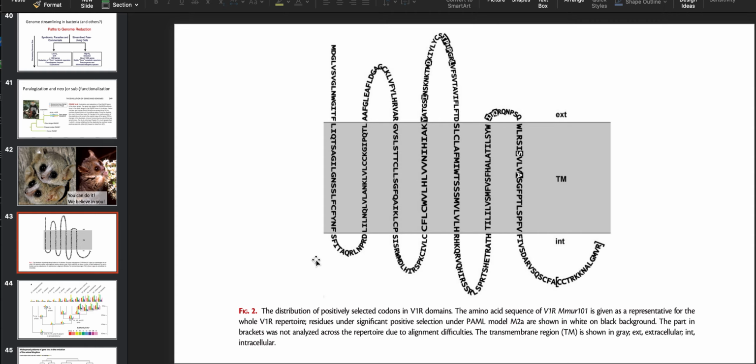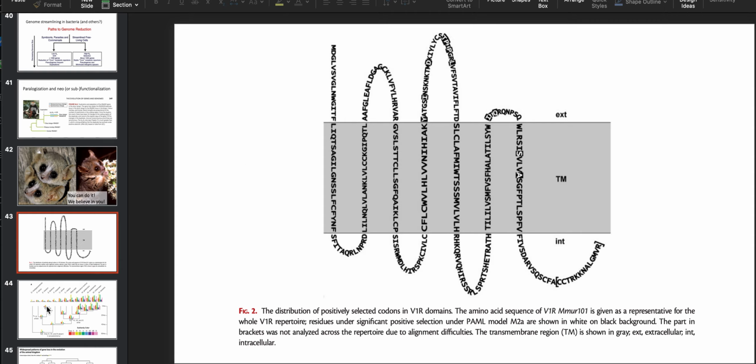But these are sort of intermembrane amino acid sequences, and certain parts of these amino acid sequences have been demonstrated to be more strongly divergent from each other than others. And these probably impact the different mouse lemurs' ability to react to pheromones.